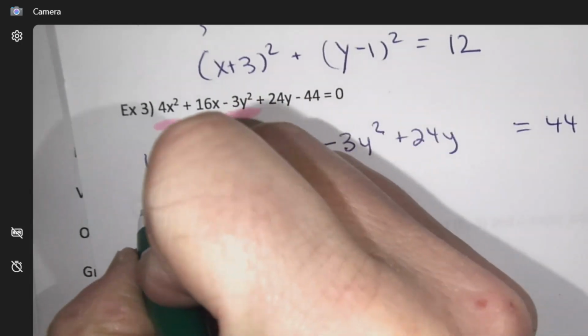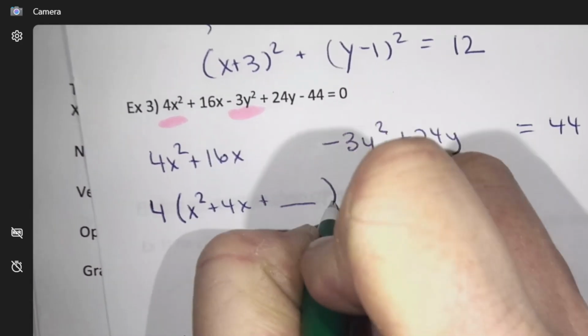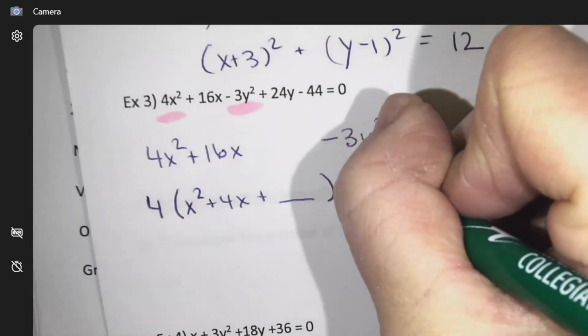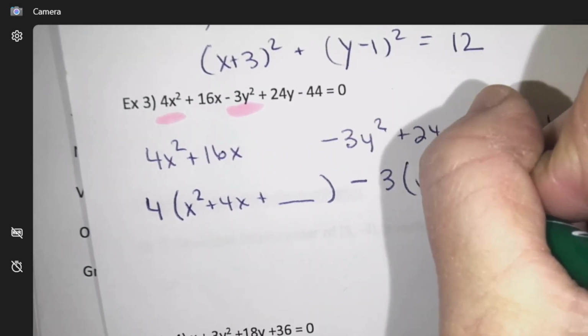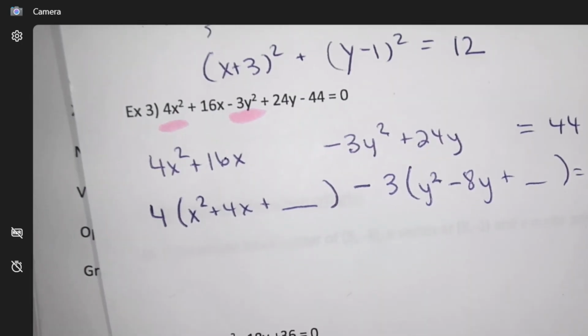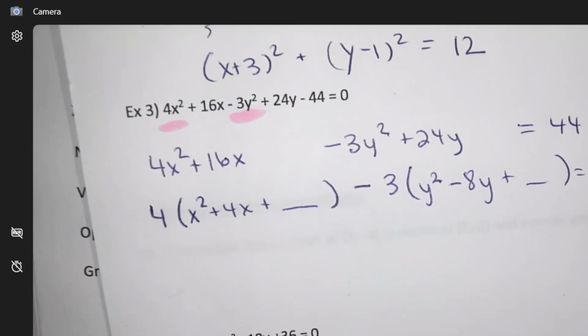Okay, so I'm going to GCF the 4 out, plus blank yet. Okay, so there's my GCF stage.